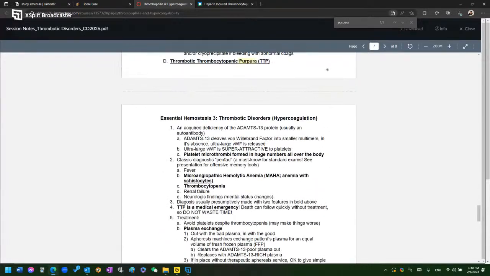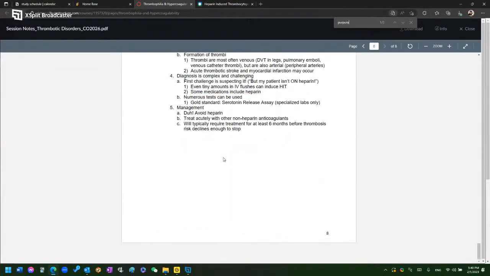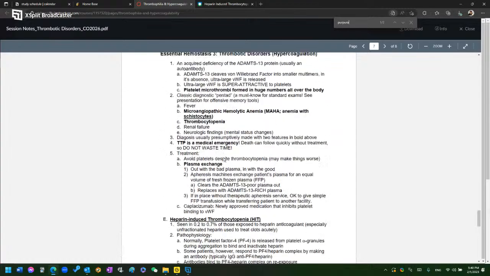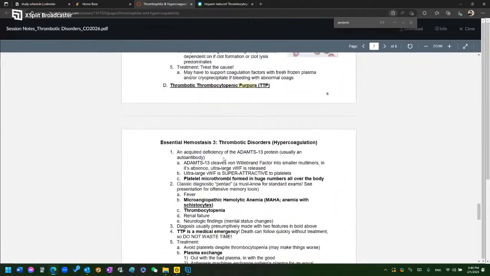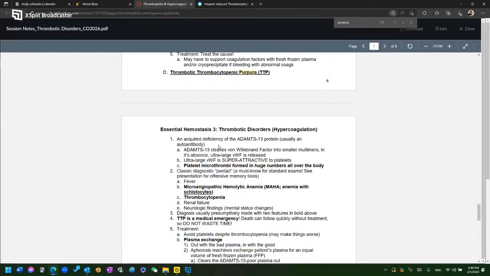Is this on his notes? Should be. Yes, here it is. So normally this protein cleaves von Willebrand factor.